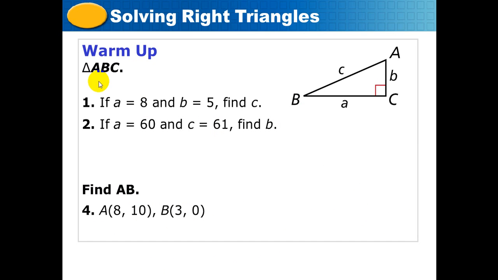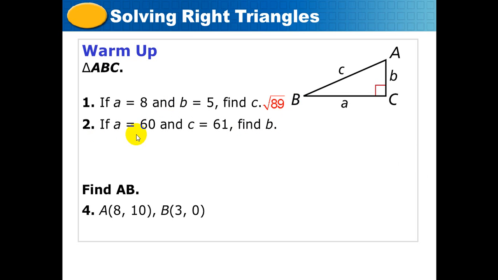For example, if A equals 8 and B equals 5, find C. In the triangle ABC, if C is the right angle, C equals 90 degrees, so C is the hypotenuse. So C equals the square root of 8 squared plus 5 squared. By using a calculator, we get the value of C equals root 89.